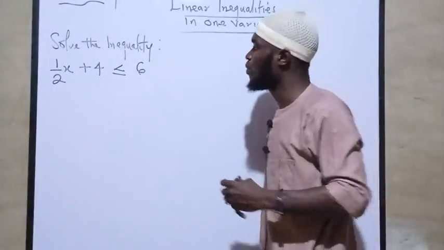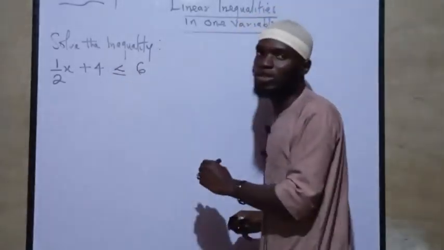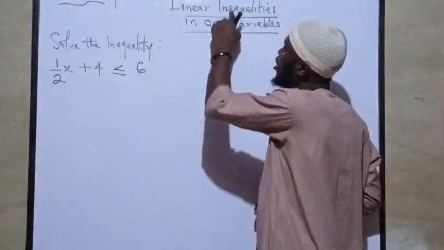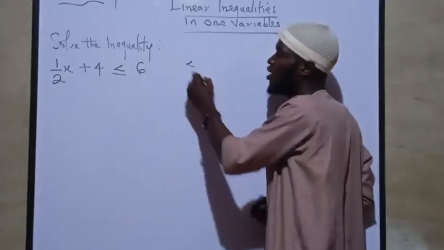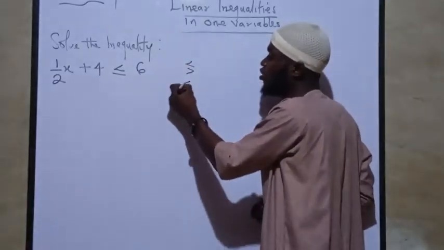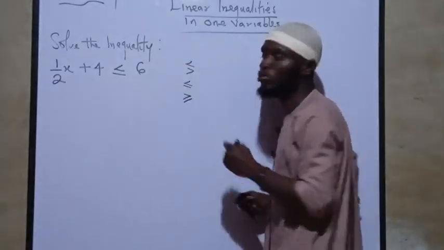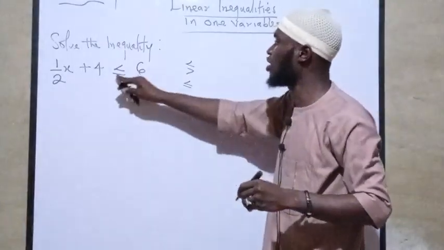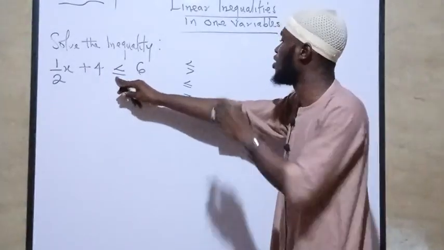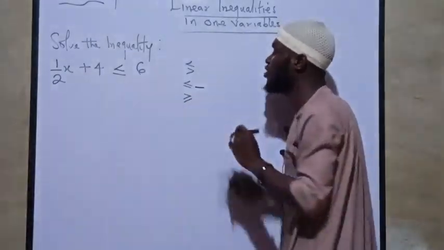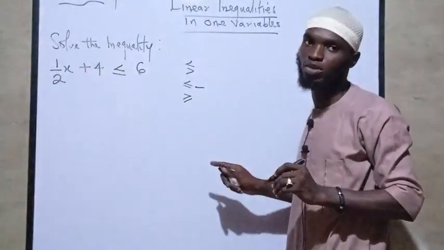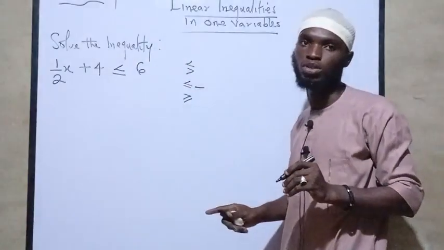The one that you are seeing like this, we have different inequality signs. We have the less than, greater than, less or equal to, greater or equal to. These are the signs. If you check this question, what are we seeing there? We are seeing less or equal to as the sign here. This signifies 2 things. Please let's take note of that before we start solving the question.